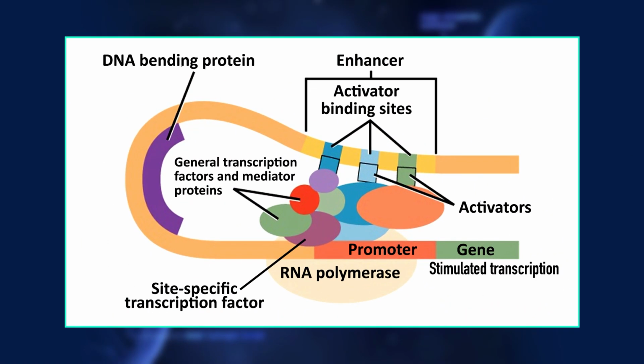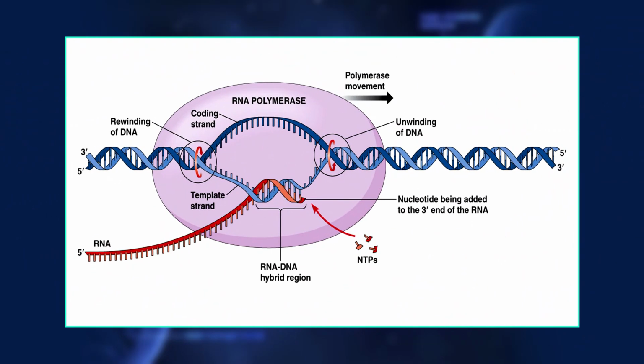Such elements provide sites for specialized proteins called transcription factors to attach and either activate or repress the process by which the information from genes is turned into proteins, that is, transcription.